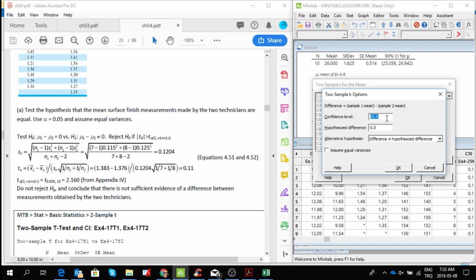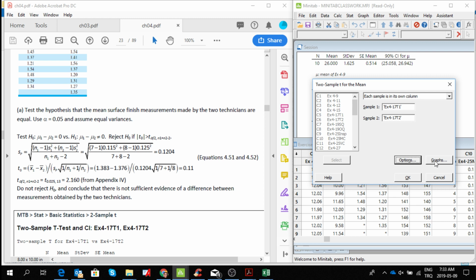Alpha is 0.05, so the confidence level is going to be 95%. This is the difference, sample 1 mean minus sample 2 mean. Hypothesized difference is 0, and the alternative hypothesis is not equal to. And we have to assume that variances are equal. That's what we started with.